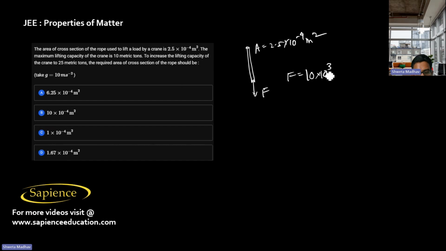This is 10 into 10 power 3 kg. The mass it can lift is 10 into 10 power 3 kg.